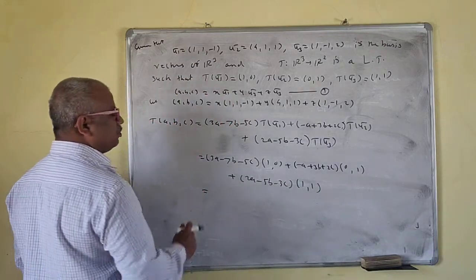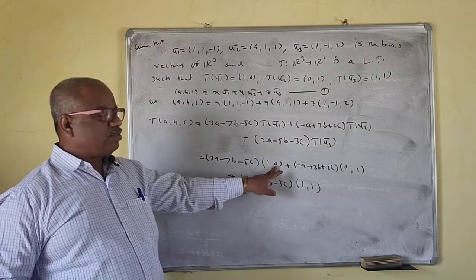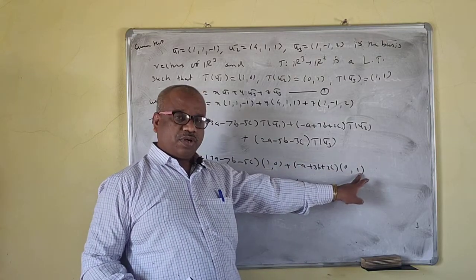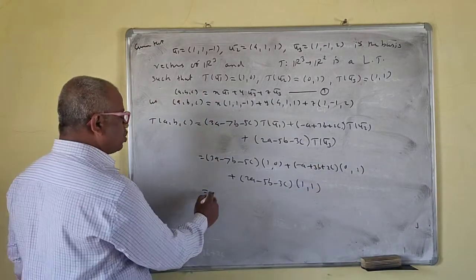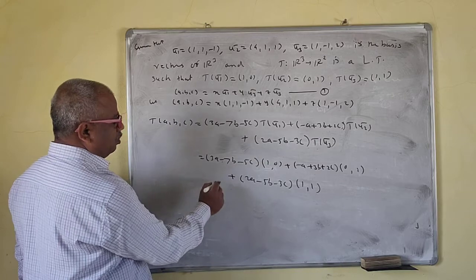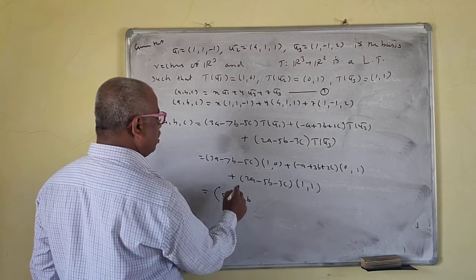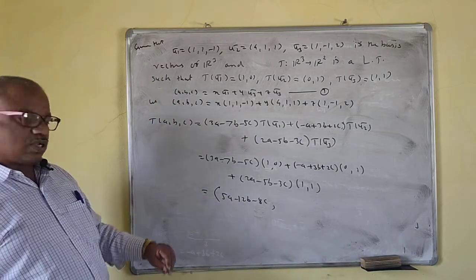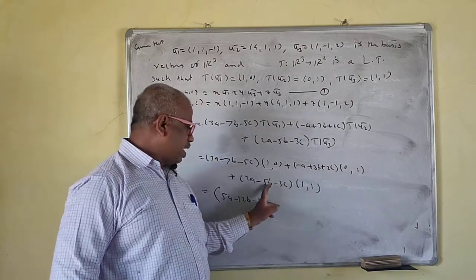Now you have to add this. The first component of (1, 0) multiplied is 1 and second is 0; for (0, 1), first is 0, second is multiplied. For the first component you have to add, so this is 5a minus 12b minus 8c. This is the first component, and for the second component, this will be here and this will be here.